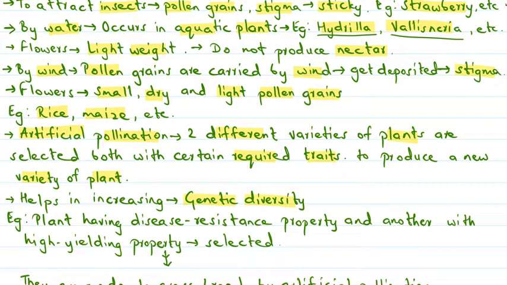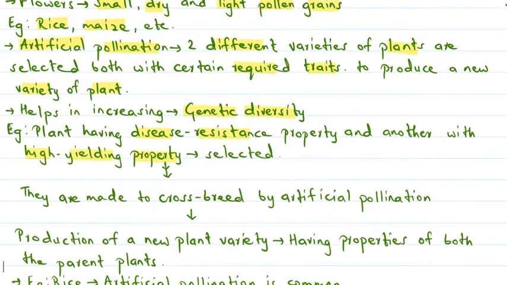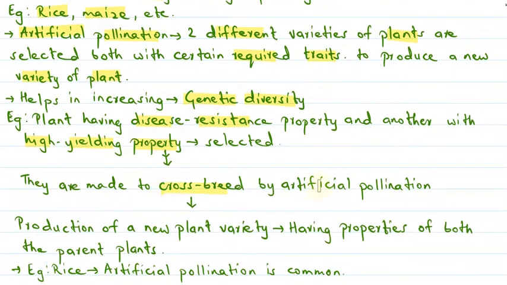Thus genetic diversity increases. For example, suppose a plant having disease resistance property is selected and another plant having high yielding property. These two plants are selected, and after being selected, they are made to crossbreed by artificial pollination, and this method results in production of a new plant variety, and this new plant variety will now have the properties of both the parent plants.